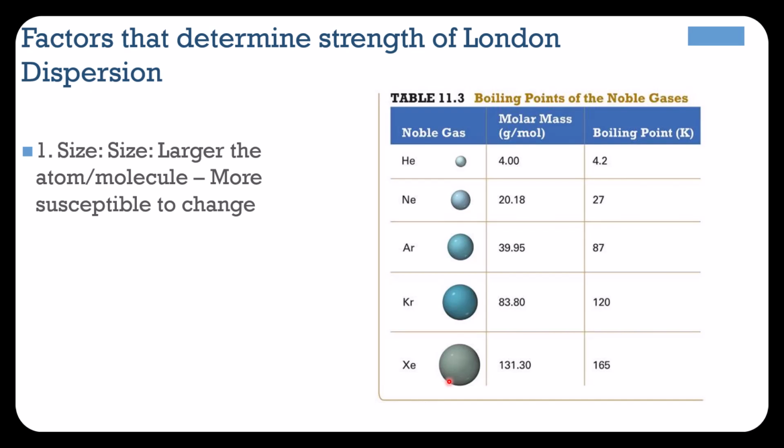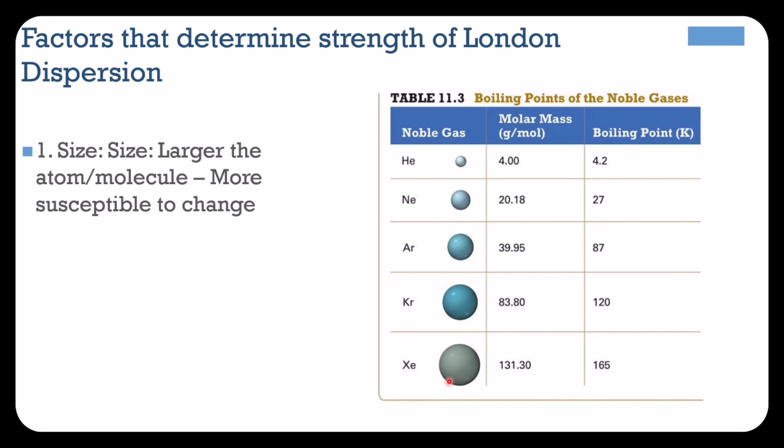When we're talking about electrons being momentarily polarized, we're talking about the valence electrons. The electrons that we talked about for bonding are the same ones that we're talking about here. Remember, those valence electrons are found in the outermost shell, right? They're the furthest away from the nucleus.